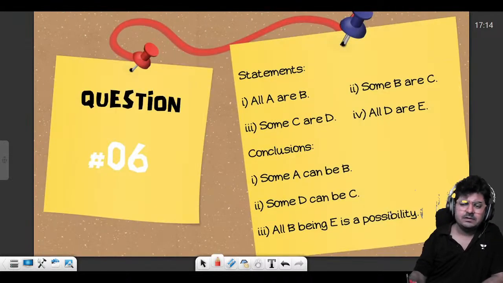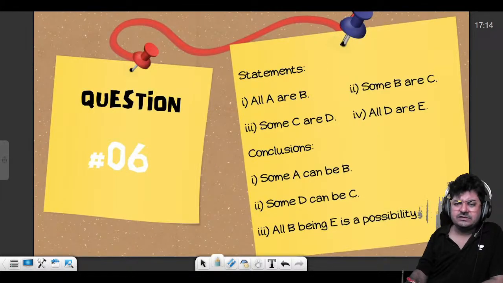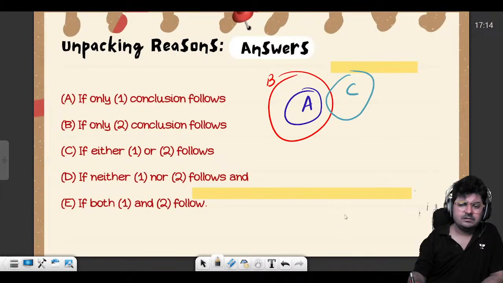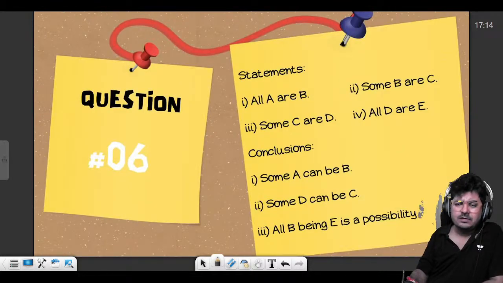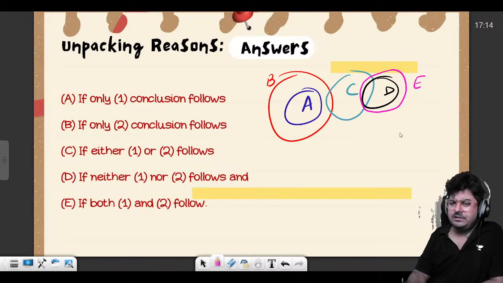Some B are C. Some C are D. All D are E. This is one logical diagram on first notation.